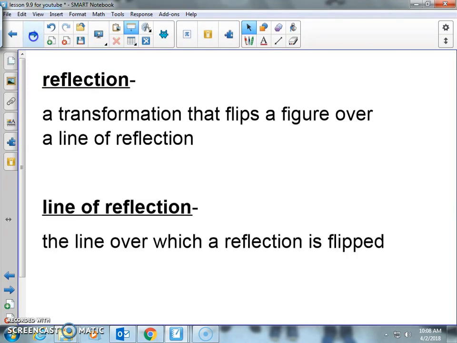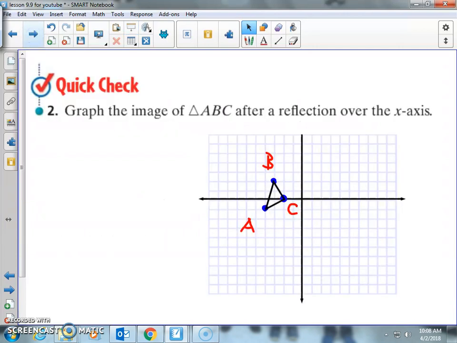All right. Reflection is when we flip a figure over the line of reflection. And the line of reflection is that line that we flip it over. For example, they gave us triangle ABC, and they want us to flip it over the x-axis. Well, the x-axis, remember, goes right here. To flip a shape over an axis, all you have to do is count the distance of the vertex from the line to flip it over, the line of reflection.